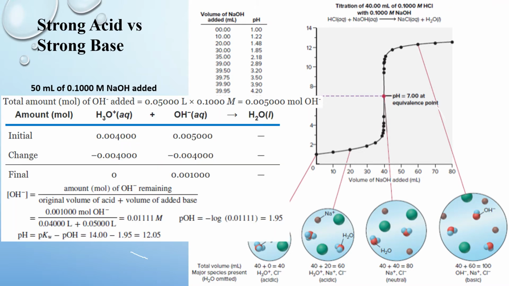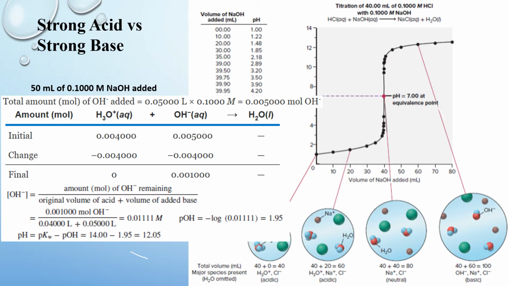Now let's look at what happens if we keep adding the base after the equivalence point has been reached. Because at the equivalence point, all the acid has been consumed. So after that, the pH of the system will only depend on the actual amount of base added.